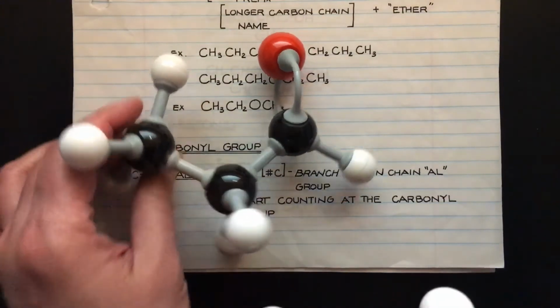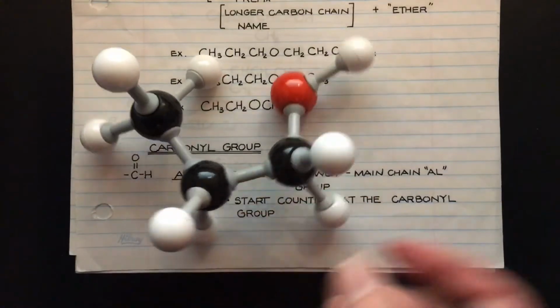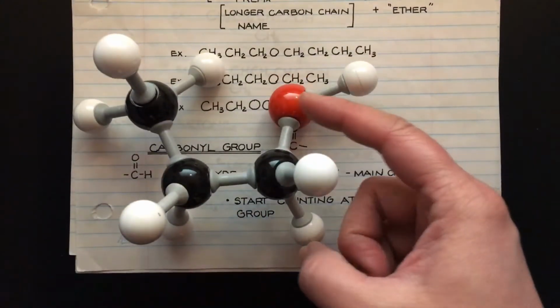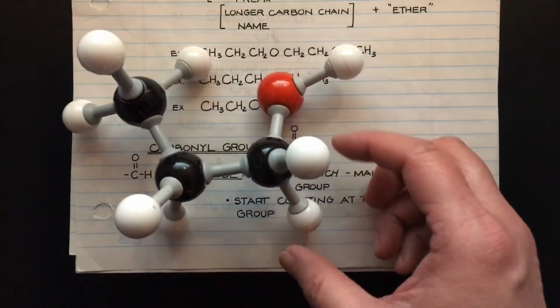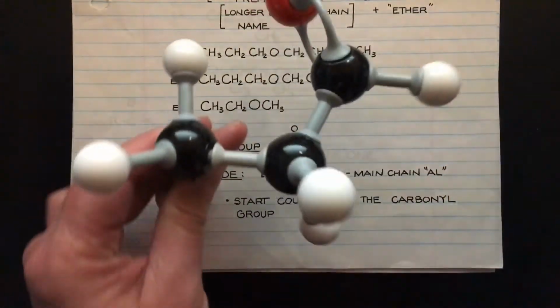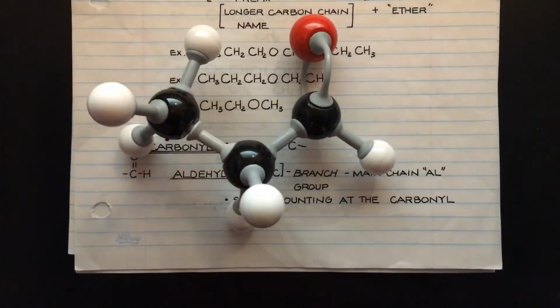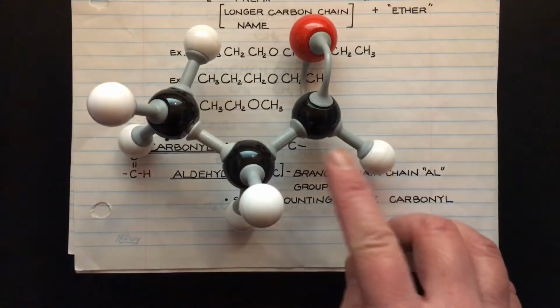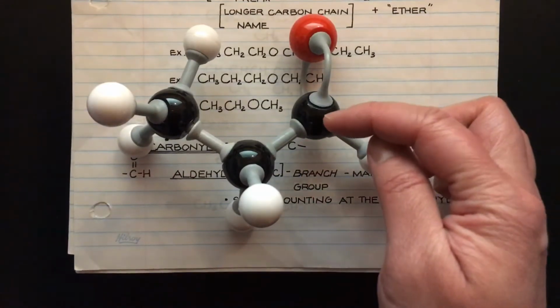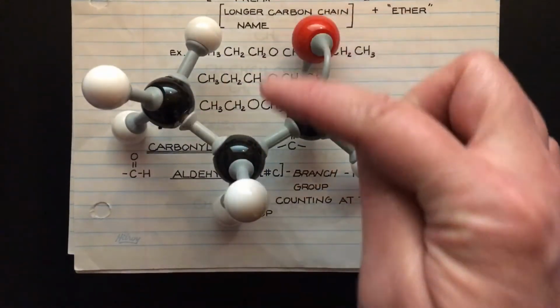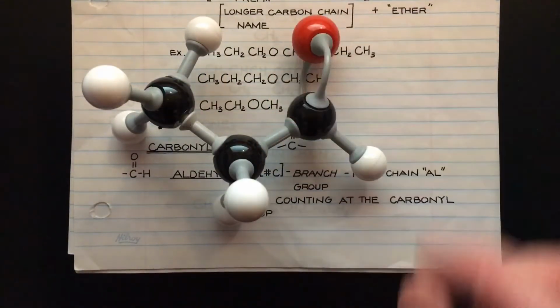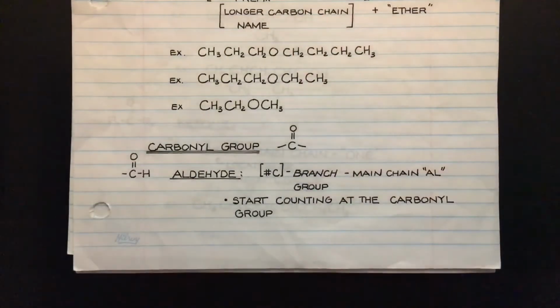And I'm just going to put this molecule in here just to show you that you've got this carbon, you have the oxygen, and then the hydrogen is connected to that oxygen. But this one over here is different in the sense that this hydrogen is coming off of the carbon, and the carbon over here has this double bond with the O. And so because of this group, we call this one here an aldehyde.